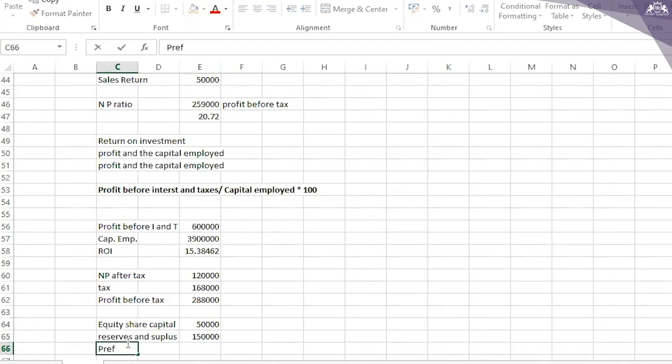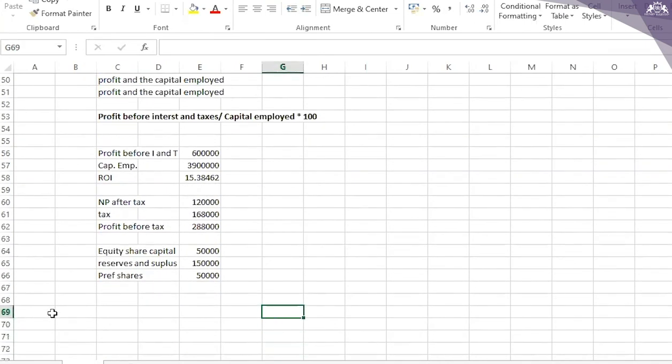Preference shares is 50,000. And capital employed is 2,50,000.